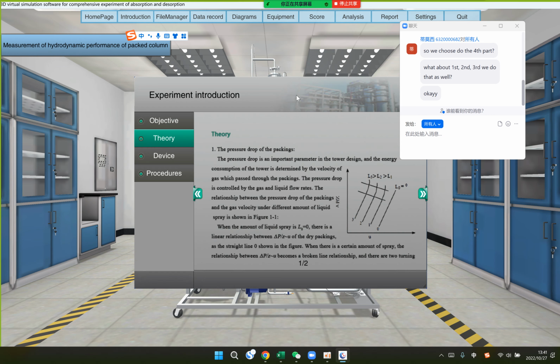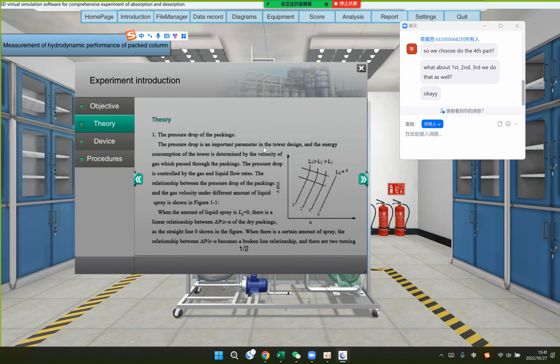So maybe from the introduction, it's easier to say. Like for this one, the pressure drop of the packings: L0 is for the liquid load being zero, for no liquid, and for L3, L2, and L1 the liquid load is bigger and bigger. Here U on the x-axis is the gas flow rate.